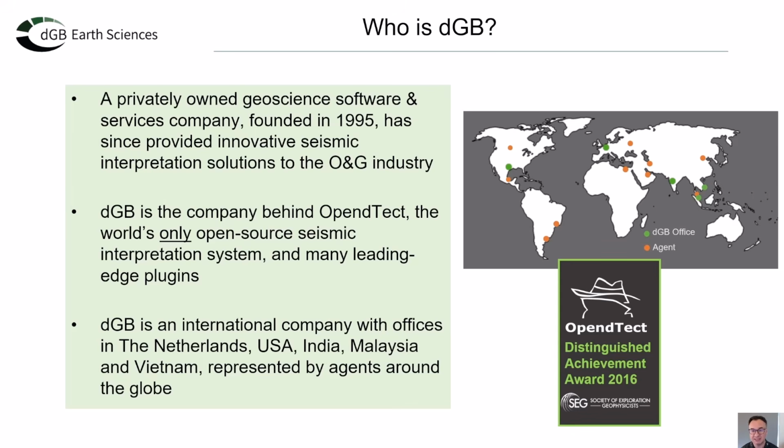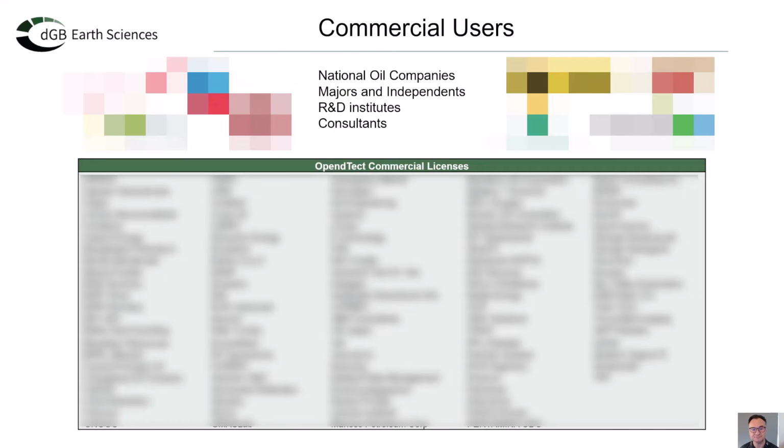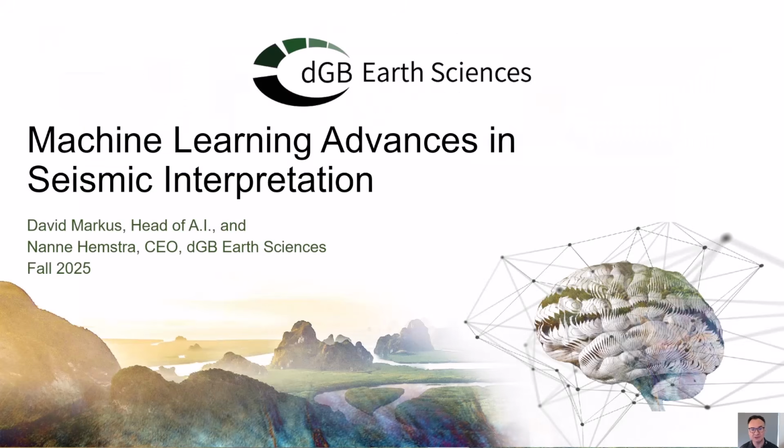And we also have many leading edge commercial plugins. It's an international company with offices in the Netherlands, USA, India, Malaysia, and Vietnam, and represented by agents around the globe. We have commercial users at national oil companies, major independents, research and development institutes, and consultants around the world.